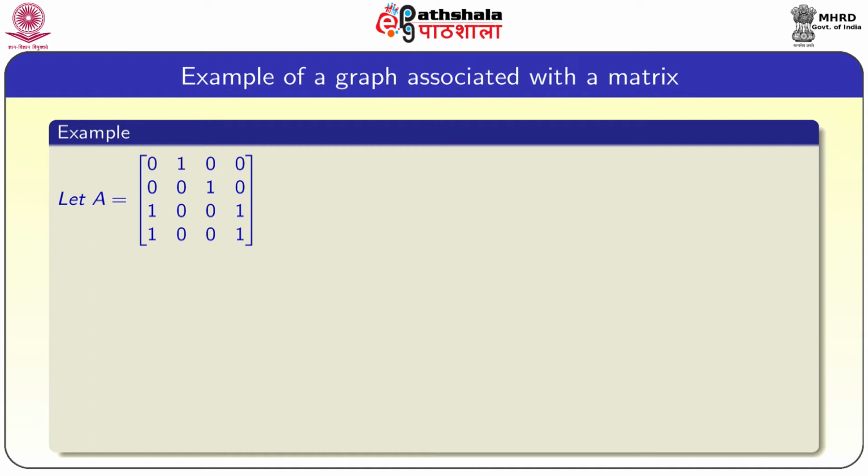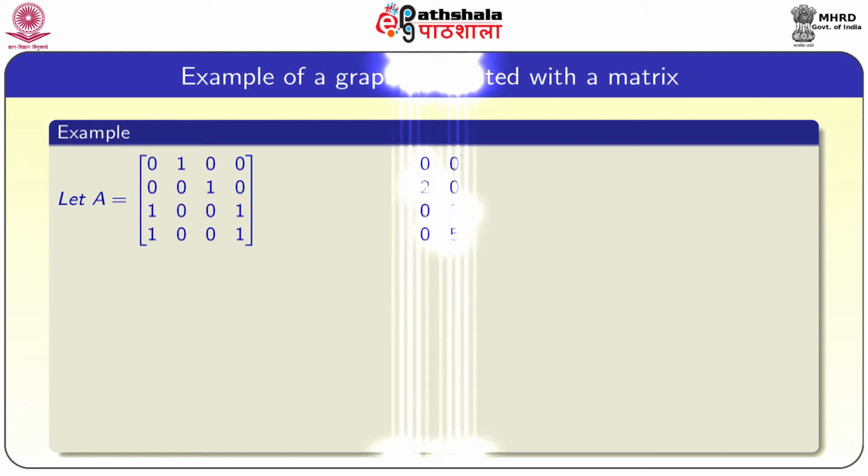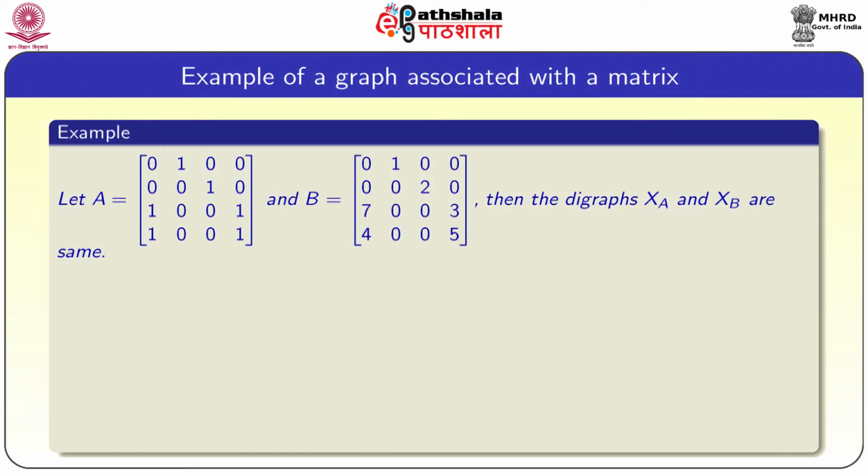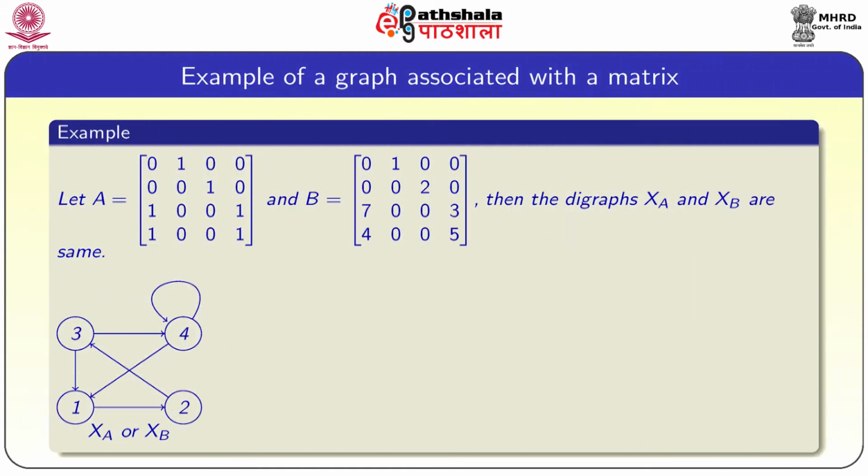Example of a graph associated with a matrix. Here we are giving two matrices. First one is A, a matrix given like this, and another matrix B. If you compare A and B, the non-zero entries in B are exactly at the same places where the matrix A has ones. So, the digraphs XA and XB are the same; they represent a single digraph like this.